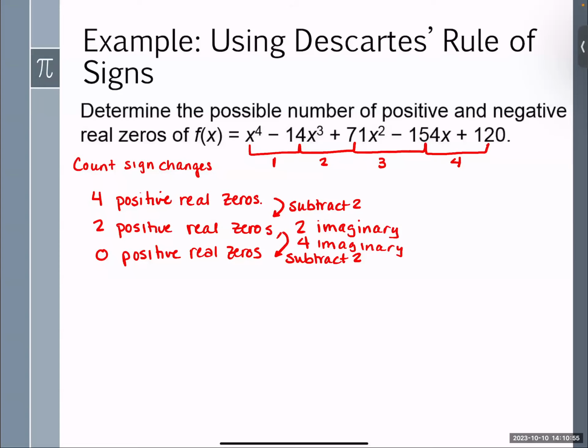So he says, okay, evaluate this function at negative x, and that will help us with the negative zeros, if any of these are negative. Now I'm going to give you my quick and easy way to evaluate a polynomial function at a negative x. If the degree of your term is even, you leave the term alone. If it is odd, you change the sign. So there are no sign changes.